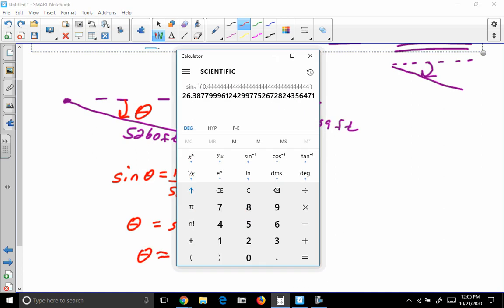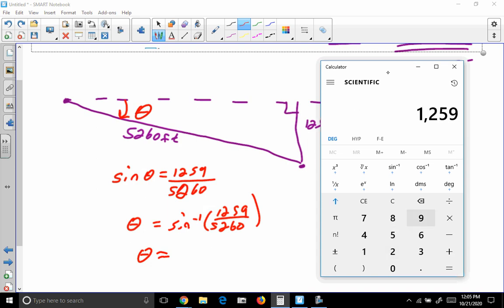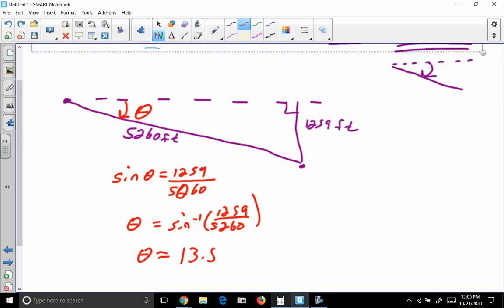So if we take our calculator out and do 1,259 divided by 5,260, and then take inverse sine, we get an angle of depression of about 13.8 degrees.